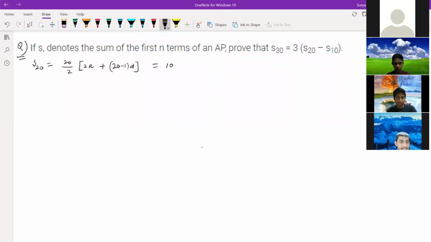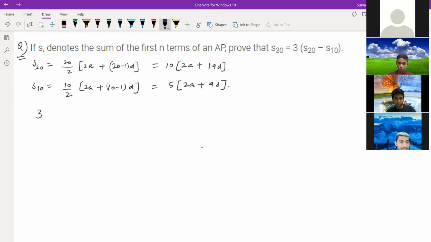So we can write it as 10 into (2a plus 19d). And S10, if you want to write, 10 by 2 into (2a plus (10 minus 1) into d). So we can write 5 into (2a plus 9d). This is your S20 and S10.